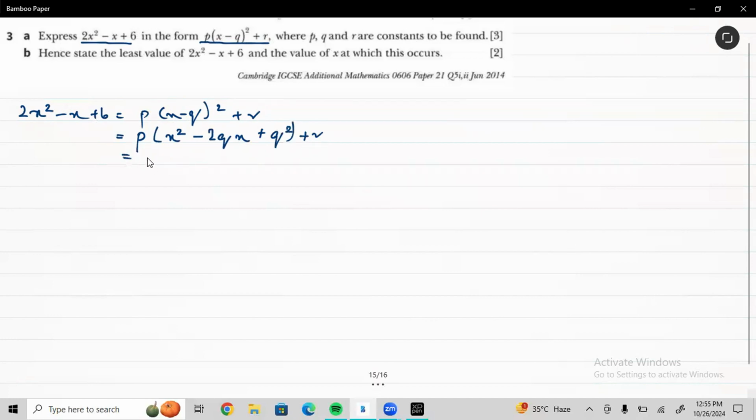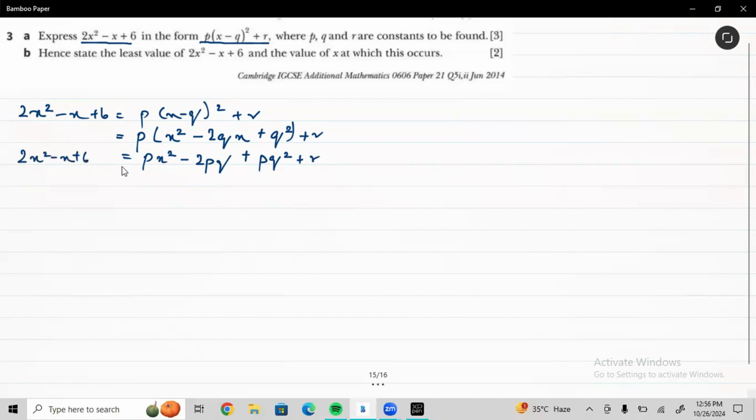Simplifying this further: px squared minus 2pqx plus pq squared plus r is equal to 2x squared minus x plus 6.